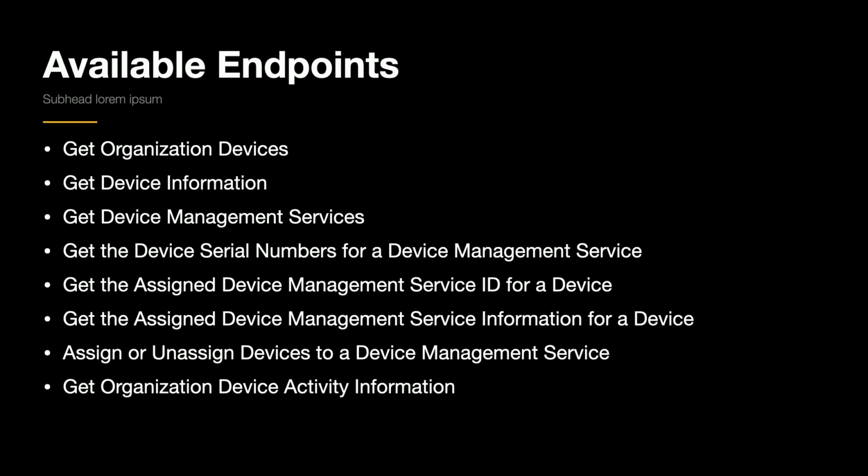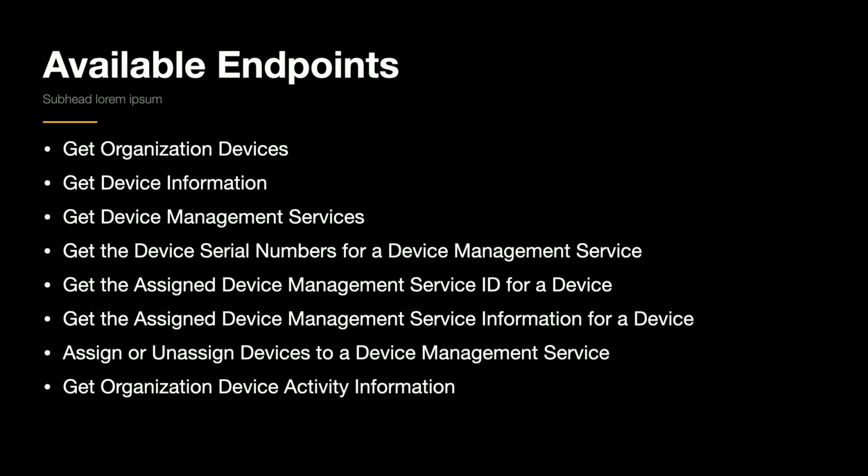Okay, so what can you do? I showed you the get devices endpoint, and I just showed you one, right? But if I modified that, I would get all devices that are in the list. You can get details on a single device. You can get a list of the device management services that are configured in your Apple Business Manager or Apple School Manager instance.